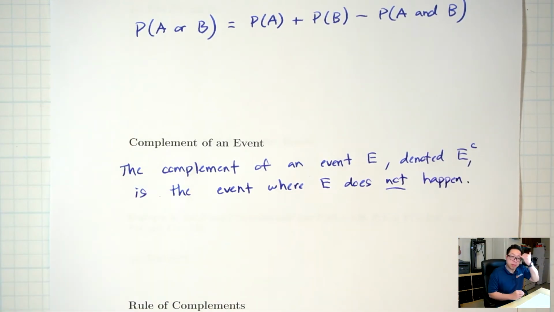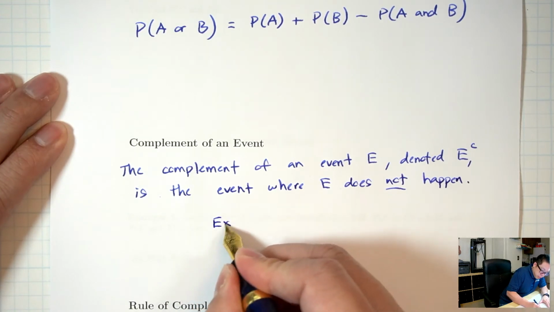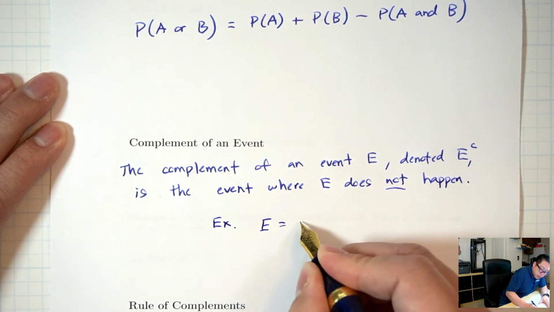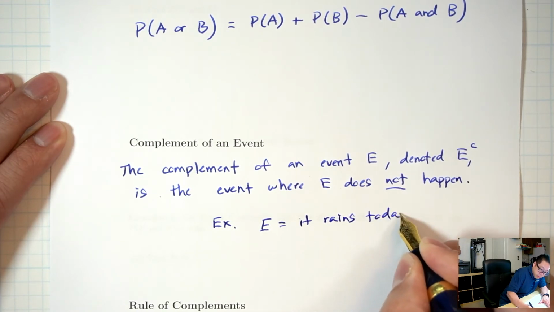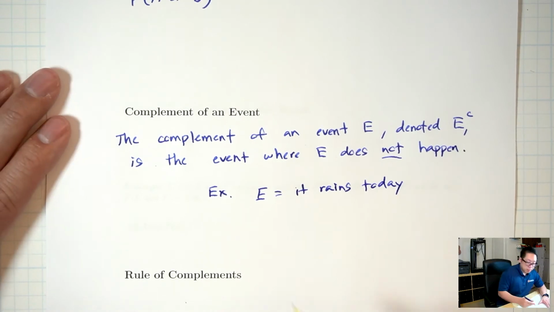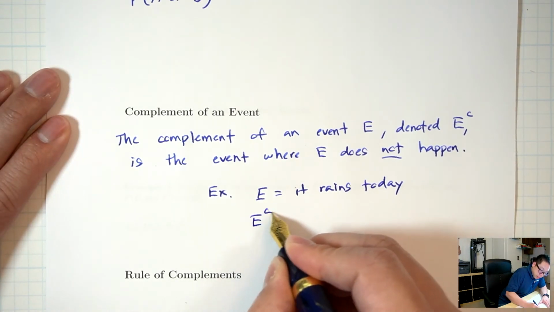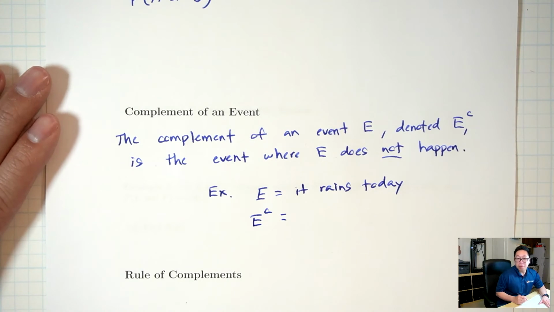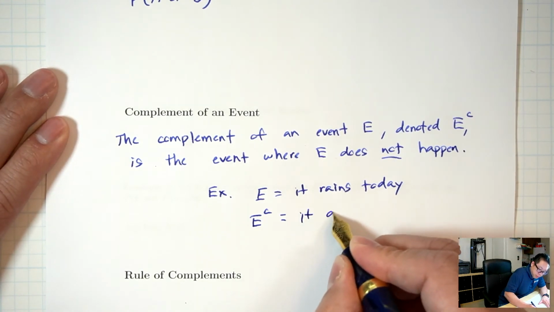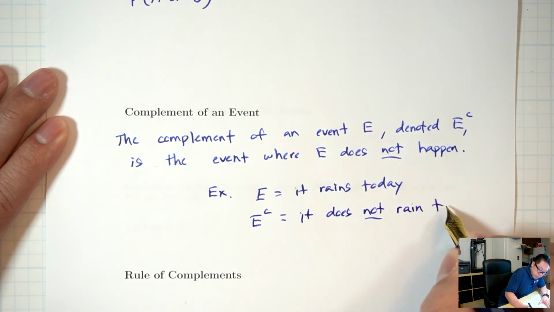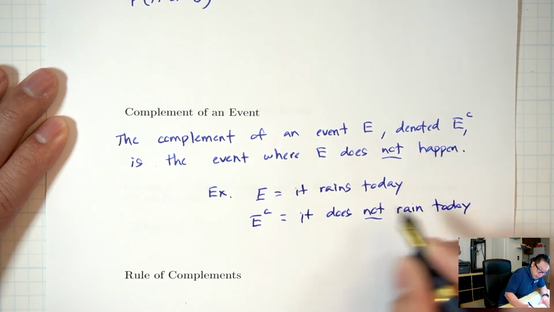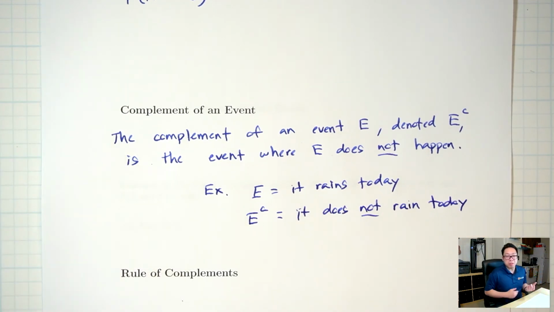Let me give you an example of this. Say E represents it rains today. The complement would be the event that it does not rain today. Basically, for the complement, just add on the word not. Whatever your event is, the complement of that event is just adding on the word not.